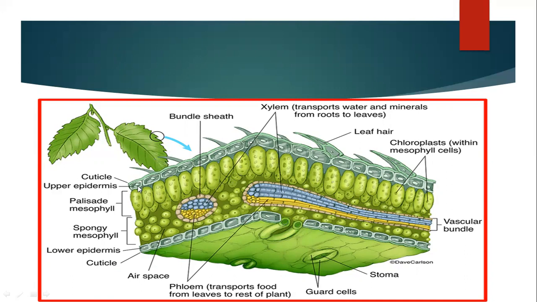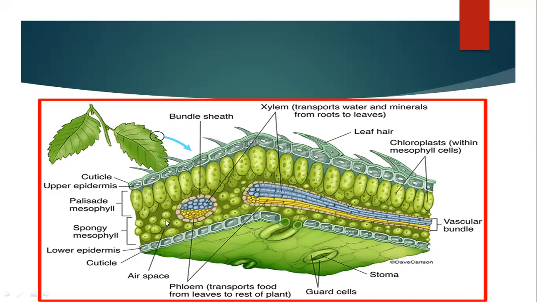And remember the layers of the leaf, as we took before: the cuticle, this waxy layer, to protect and minimize loss of water; the upper epidermis, the lower epidermis, and two layers: the palisade mesophyll layer containing chloroplasts for photosynthesis, and this spongy mesophyll layer.